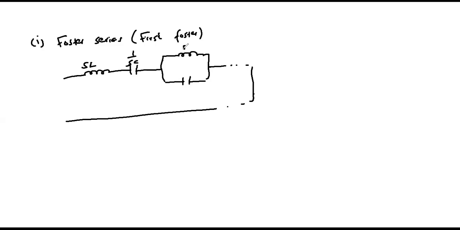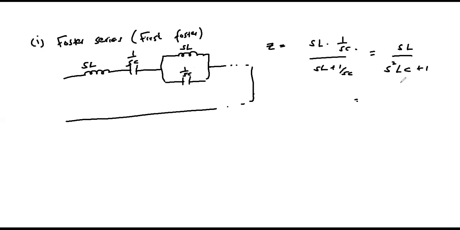Finally, when you have an inductor and capacitor in parallel, the total impedance Z will be equal to SL multiplied by 1 over SC, over SL plus 1 over SC, which we can write as SL over S squared LC plus 1. If we make the coefficient of S squared in the denominator 1, we divide by LC to get S times 1 over C, over S squared plus 1 over LC.